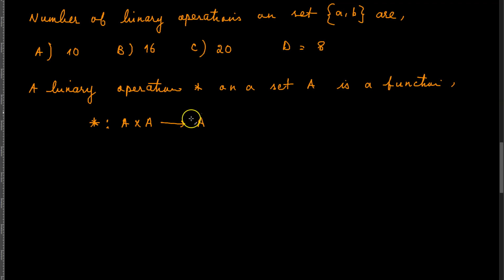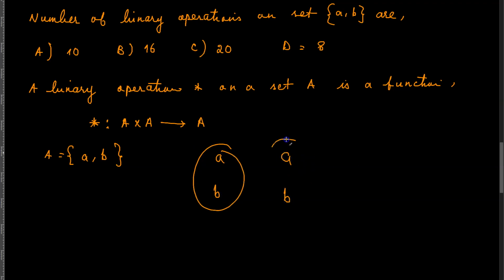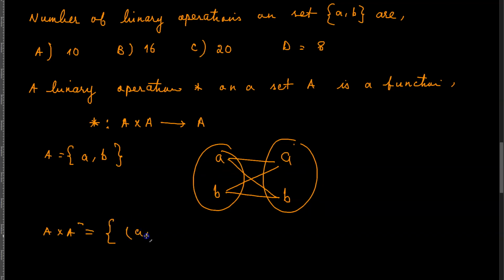Meaning that, for example, if I say that A is equal to the set containing a, b, then the Cartesian product of A and A would be a set containing these ordered pairs: (a, a), (a, b), (b, a), and (b, b), right?